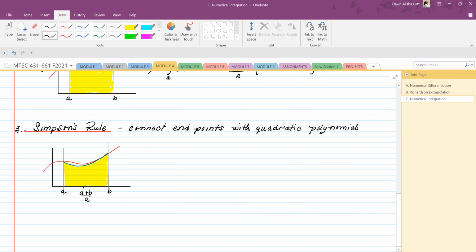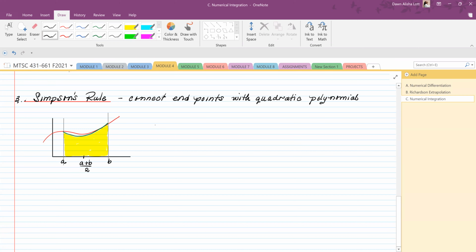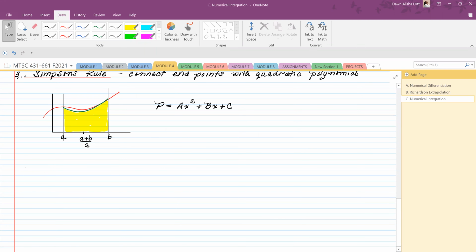And so now my polynomial p looks like Ax squared plus Bx plus C. I can't use that a, I've got to use capital A. Now p of a, which is capital A times little a squared plus capital B times little a plus C, has to equal f of a.